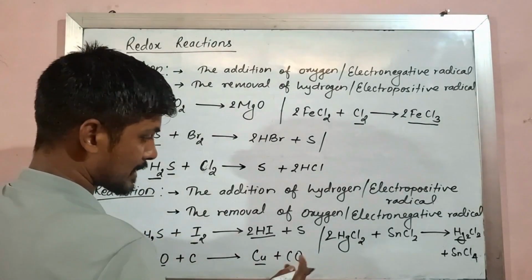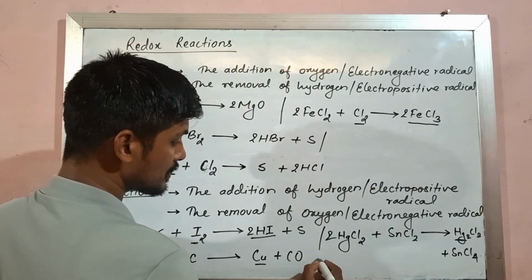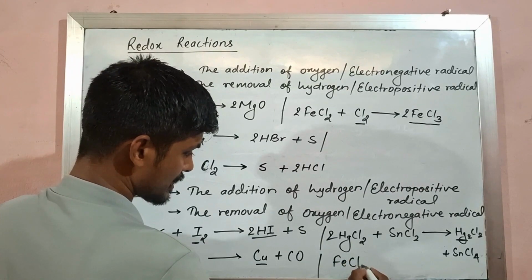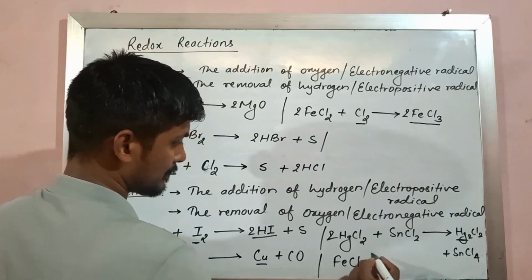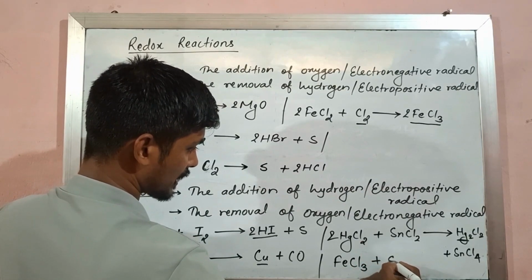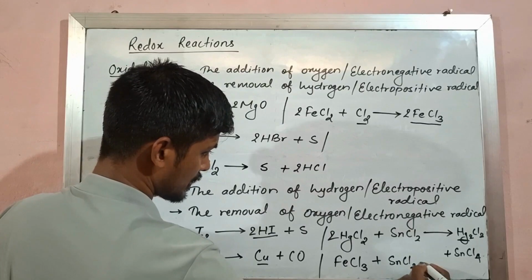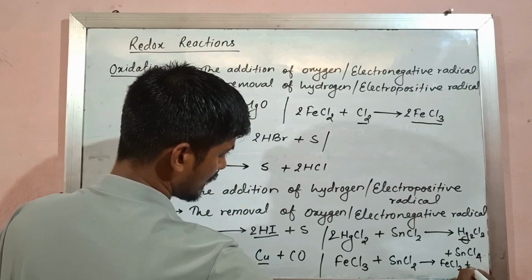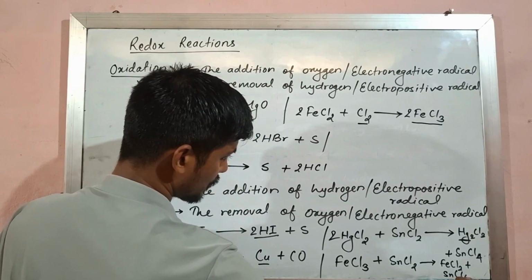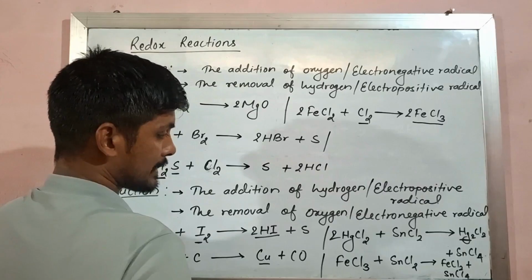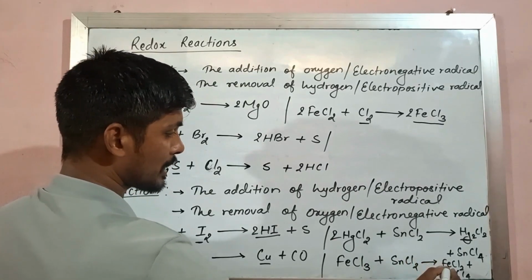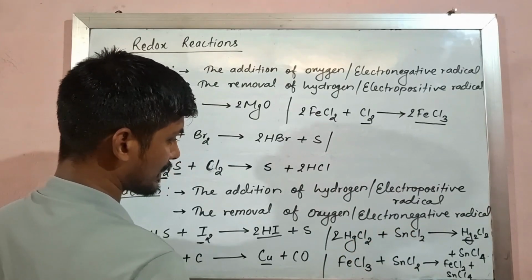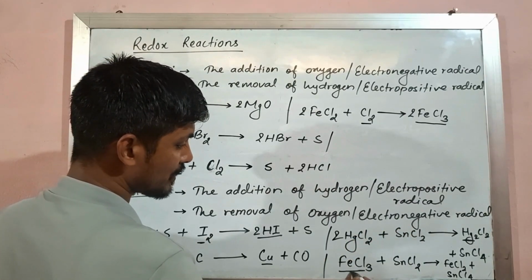Let us take the example of conversion of ferric chloride into ferrous chloride, FeCl3. When it comes in contact with SnCl2, it changes into FeCl2 and SnCl4. In this reaction, what happened here? An electronegative radical is removed from this ferric chloride.